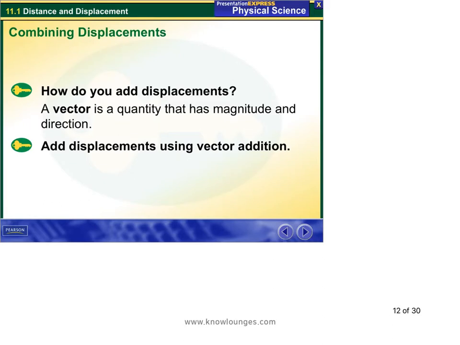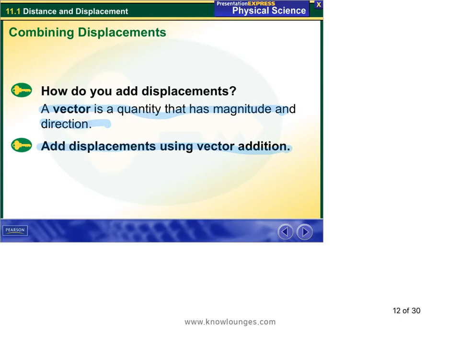And if we want to add displacements, we're going to add displacements using what we call vector addition. A vector, as I mentioned earlier, is a quantity that has both magnitude, that's the number part, and direction. Direction can be specified in many ways, like north, south, east, west.